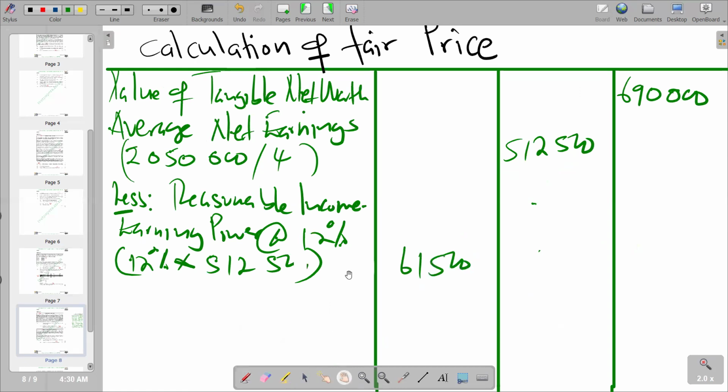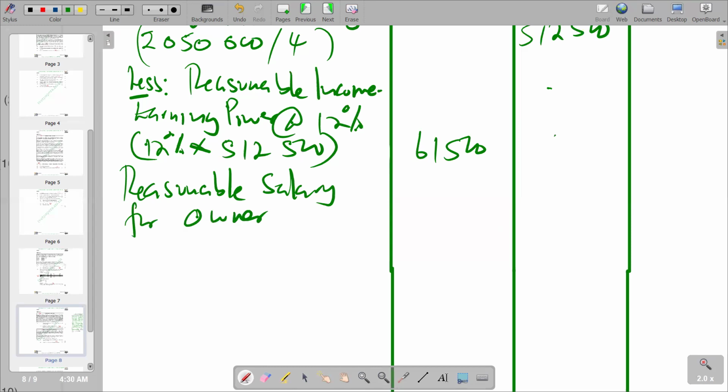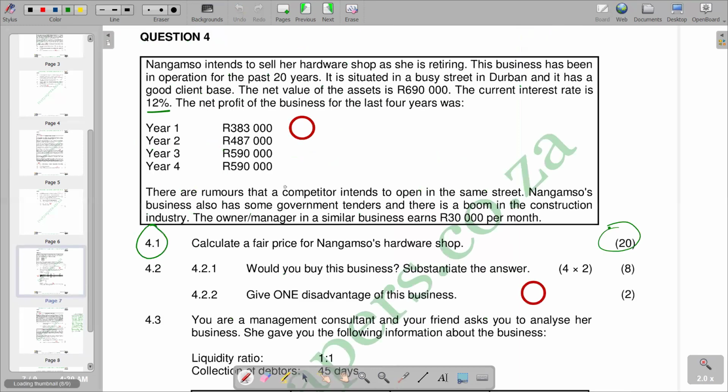61,500. And then after that, we also have to put our reasonable salary for owner. For reasonable salary for your owner, we go back to find out about that reasonable salary.